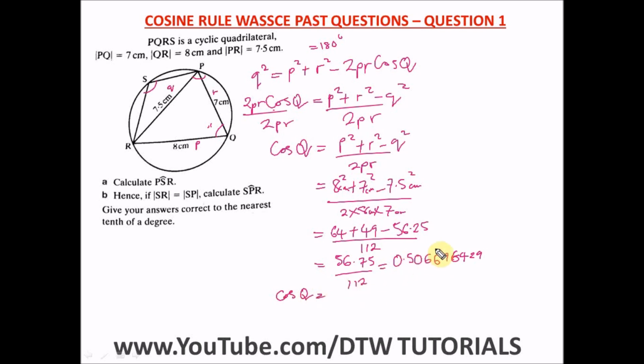So we just do the cos inverse. Q will now be equal to the cos inverse of 0.506696429. And what will this give us? The angle Q will become 59.56 degrees. Okay, but we're not looking for this angle, we're looking for this one.